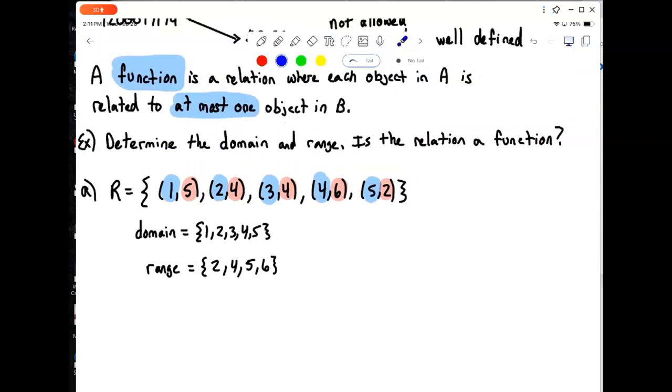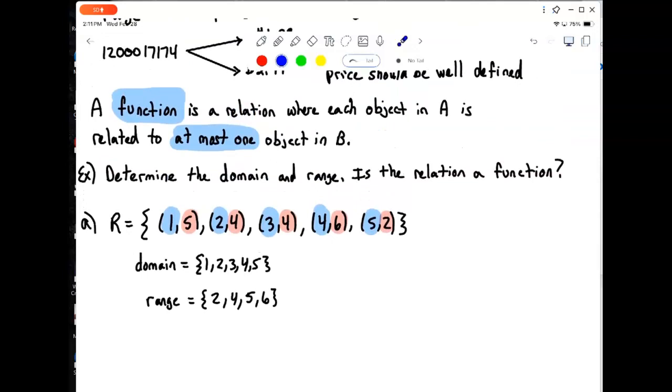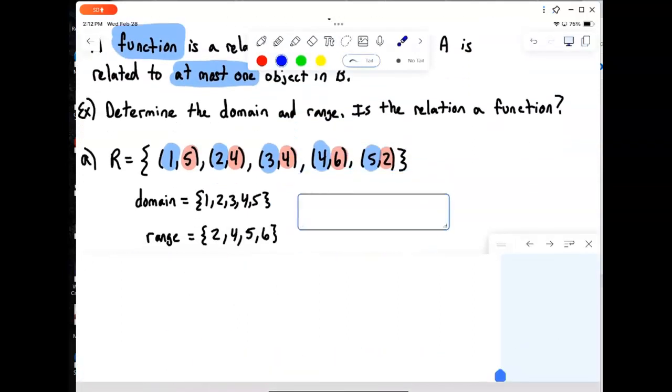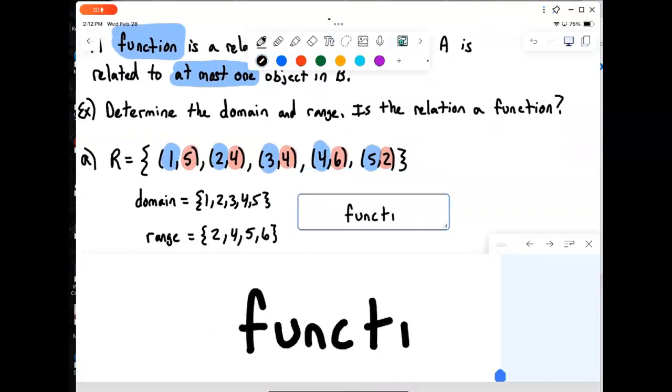Okay, but the function requirement says each thing in A goes to at most one thing in B. And you see, that's happening here. 1 only goes to 5. 2 only goes to 4. 3 only goes to 4. 4 only goes to 6. 5 only goes to 2. It's okay if different things go to the same number. That doesn't violate the condition. At most, 1 output for each input. And so, yes, this actually is a function. So we would say that, yes, this is in fact a function.